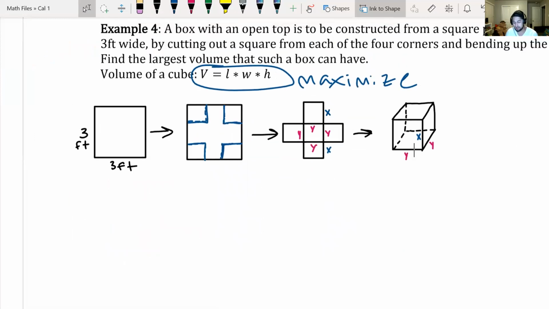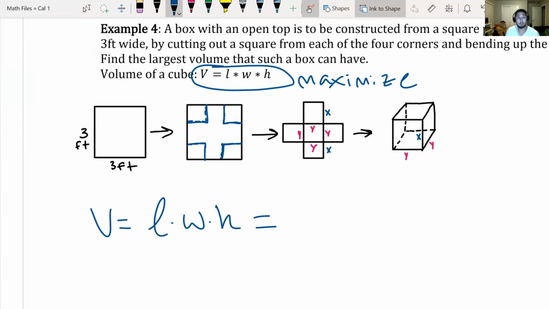So our job is to maximize the volume. Okay, so we know that we are given volume as length times width times height, where here the length of my box is y, the width of my box is y, and the height of the box is x.